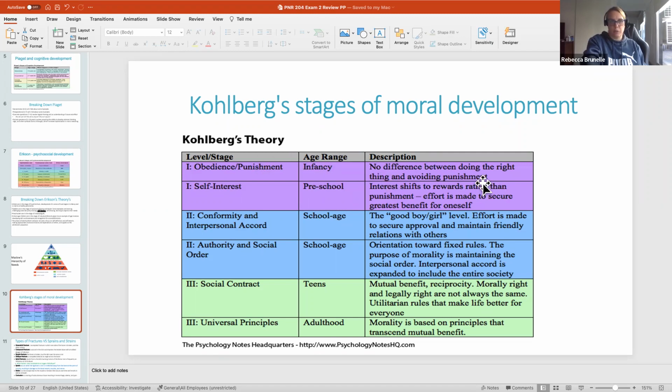So there's no difference between doing right and wrong, and they're not avoiding punishment because they're just too young. And then as they move from infancy to toddler years, that's when they really start to think about, well, I'm not going to do something because I don't want to be punished. That is something that really focuses highly on their brain.